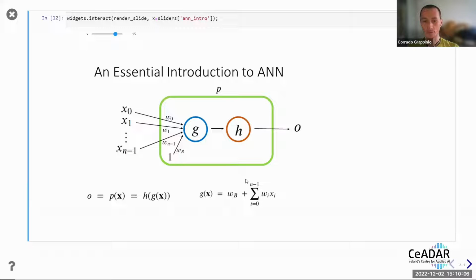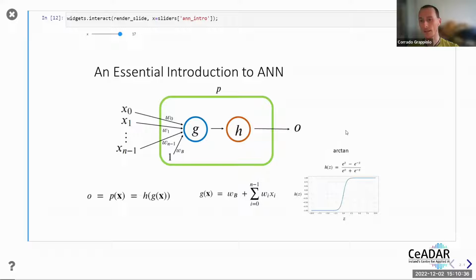So you can see here the formula of g, and then we have the activation function h, which can introduce non-linearity, a non-linear relationship, between the input and the output. The input to h is transformed by an activation function, like the sigmoid function, which was very popular back in the days. The sigmoid converts an input that can go from -infinity to +infinity to the range 0 to 1.